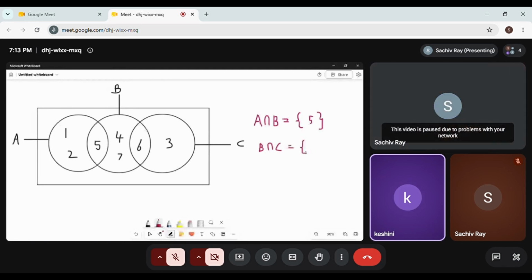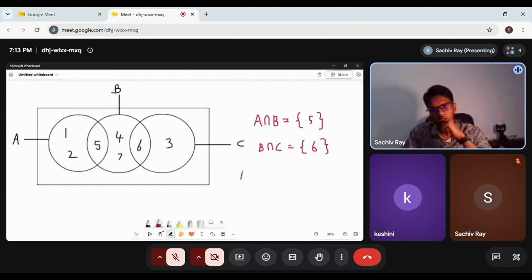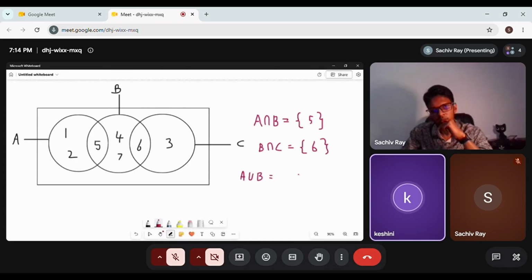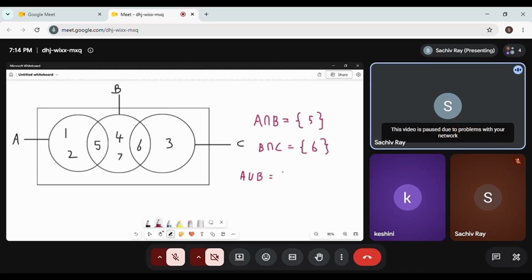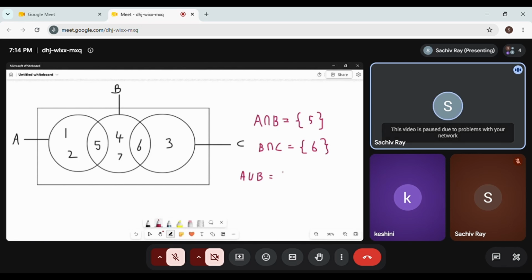What about A union B? 1, 2, 4, 5, 6, and 7, right?